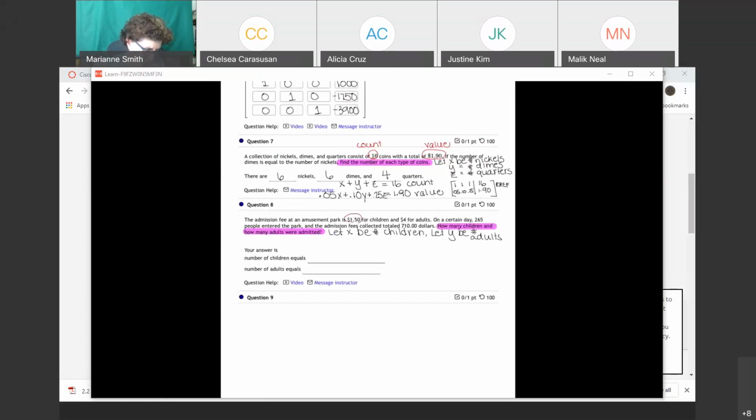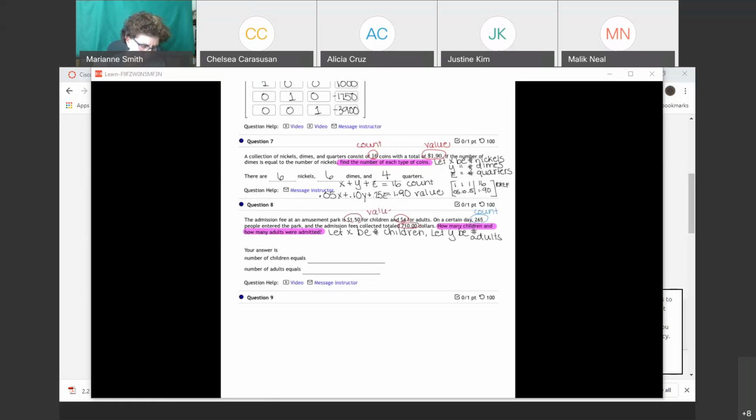Okay, so a child gets in for $1.50, an adult gets in for $4, and we collected $710 that day. Okay, so there's a value equation, and then here's a count equation. So here's count, and the other one is value.